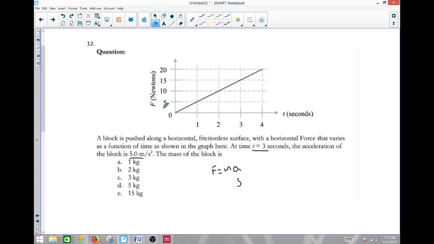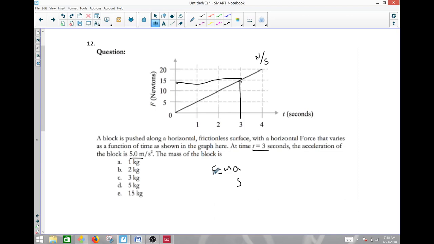So in this case, the slope would be newtons divided by time, and you might find that the slope is going to be the mass. An easier way would be this line cutting across, which is my corresponding force at that time.